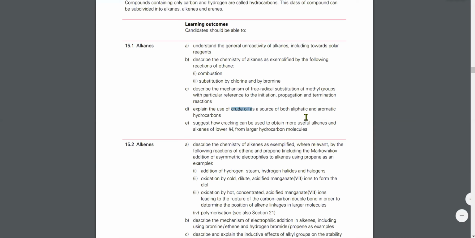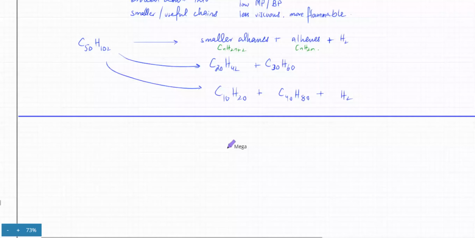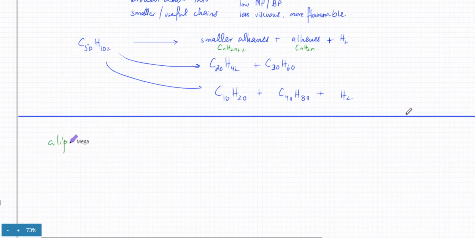That's O levels. But do you know what aliphatic and aromatic is? Any idea? Bhaskar, any idea what aliphatic is? And what is aromatic? No, sir, never heard of the words. So it's just one line. Whatever you are studying is aliphatic.